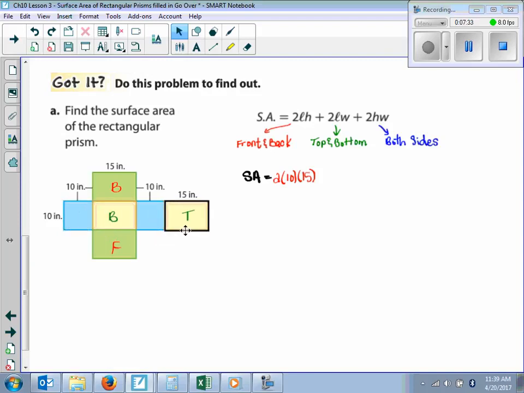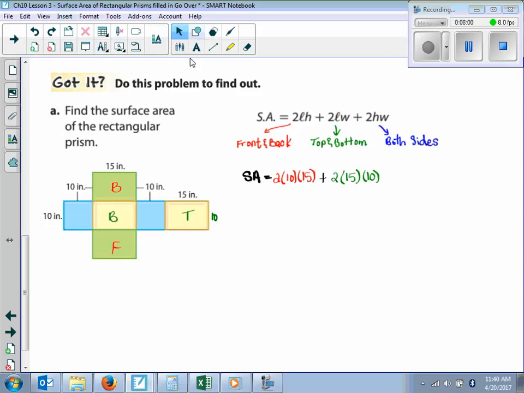You see that? So here, there's the 10. That 10 is the same as this right here. You got that? So this is also going to be 10 inches. So it's going to be 15 times 10. You got it? So we're going to add that, 2, because there's 2 of them. 2 times 15 times 10.